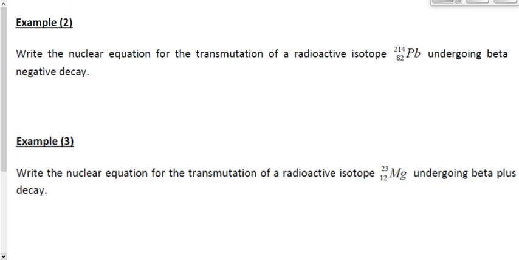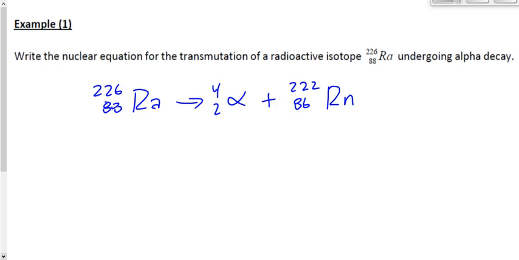Number 2, it says, write the nuclear equation for the transmutation of lead-214 undergoing beta negative decay. Yeah, that's a good question. Do you just assume that you have one alpha particle always? For each nucleus, assume that you either have one alpha or one beta or whatever the case may be.